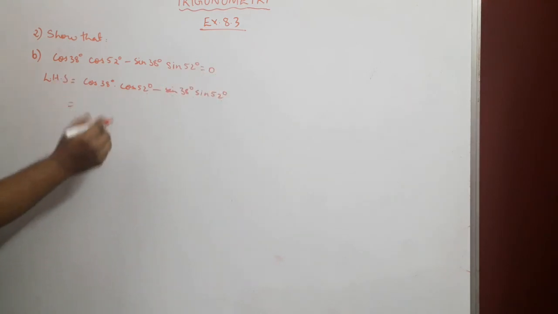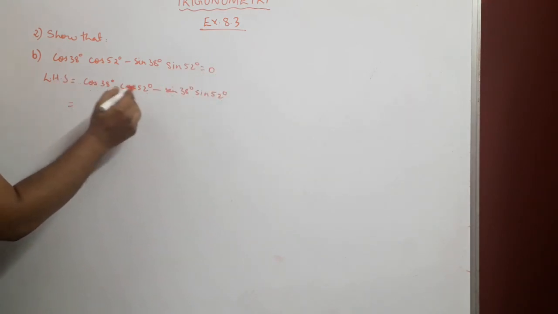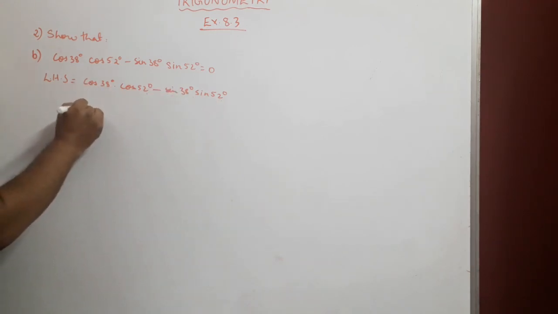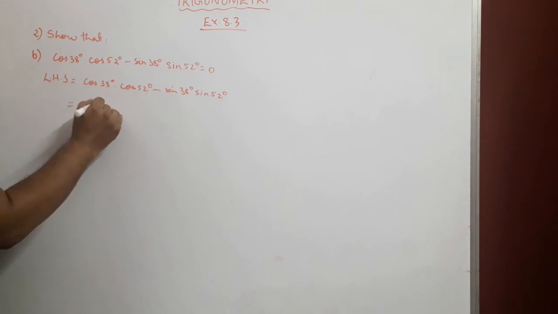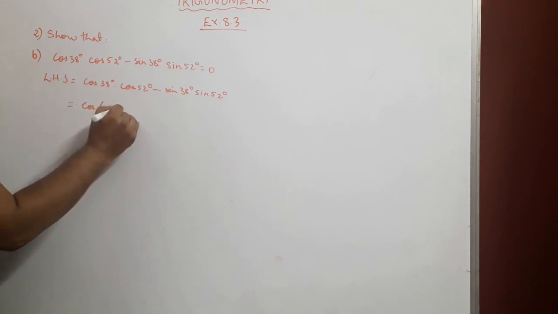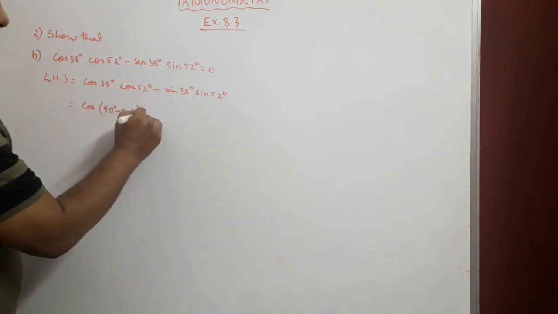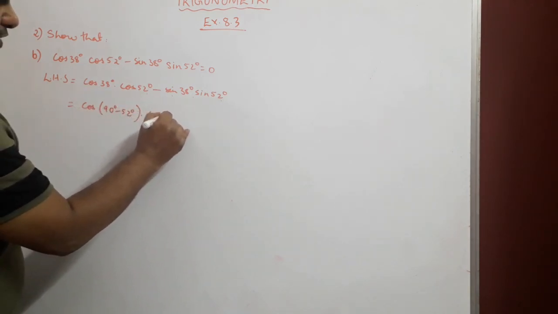What we'll do over here, if we have a look, 38 plus 52 should give us 90. Same thing over here. So cos of 38 degrees can be written as cos of 90 degrees minus 52 degrees, because 52 plus 38 gives us 90, into cos 52 degrees.